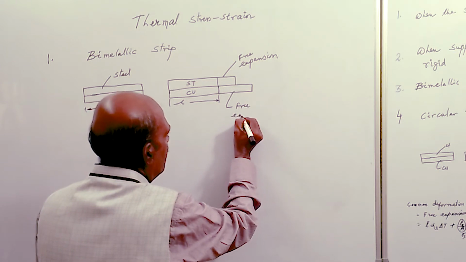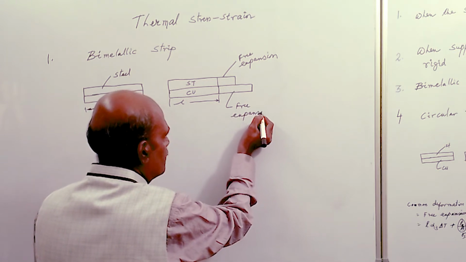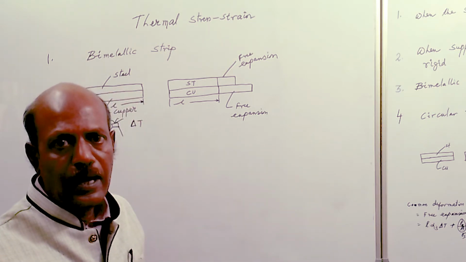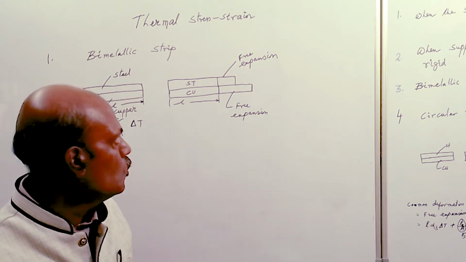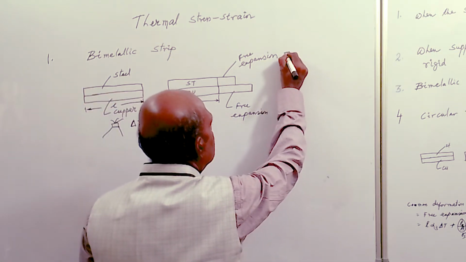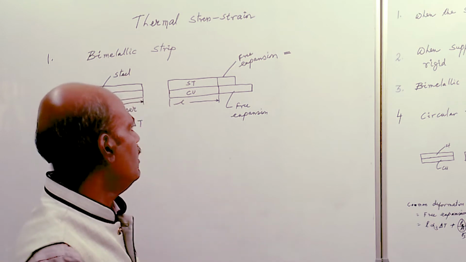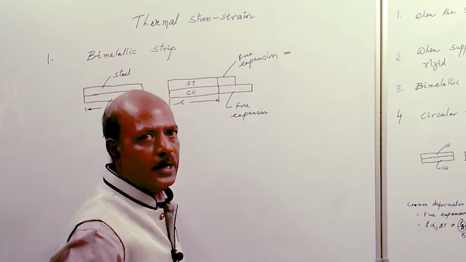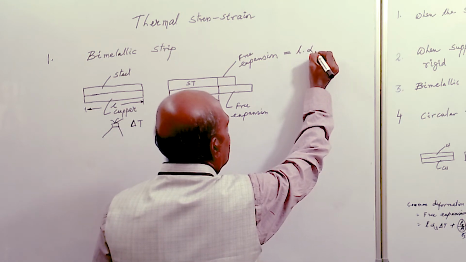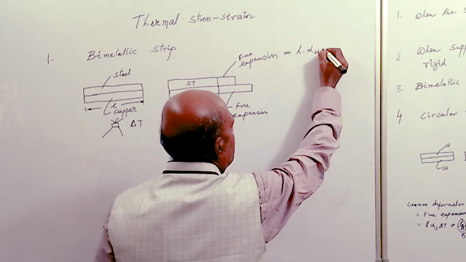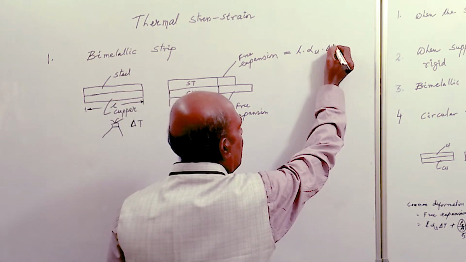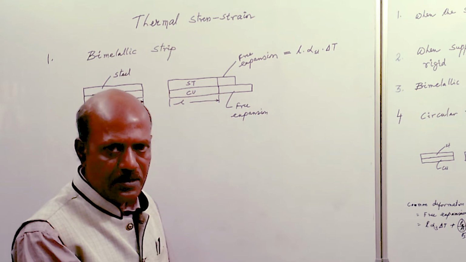Now the free expansion of the steel bar is given by L into alpha steel into delta T, because delta T is the temperature difference created.